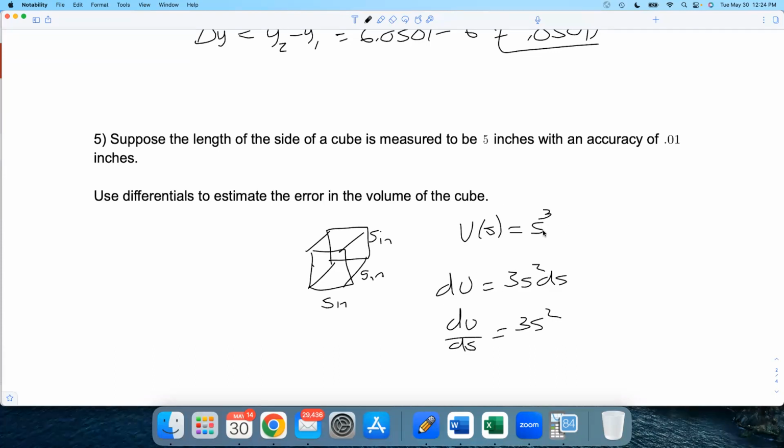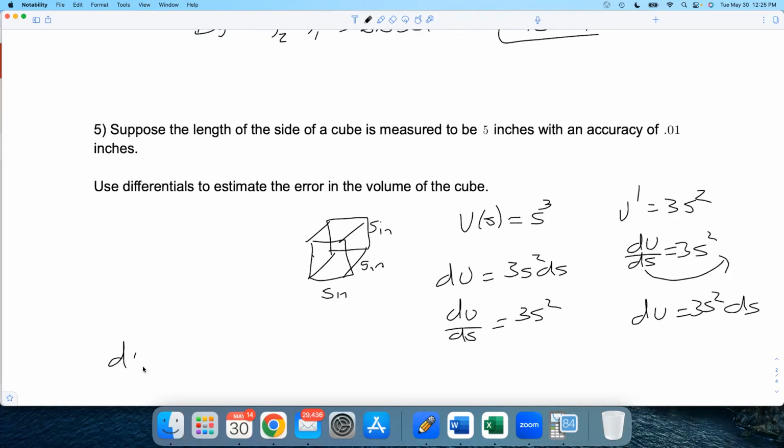If I just said take the derivative, you might say V prime equals 3S squared. A better way to think of that is dV/ds is 3S squared. And then the differential dV is, you can pretend you're just multiplying the ds over. dV is 3S squared ds.